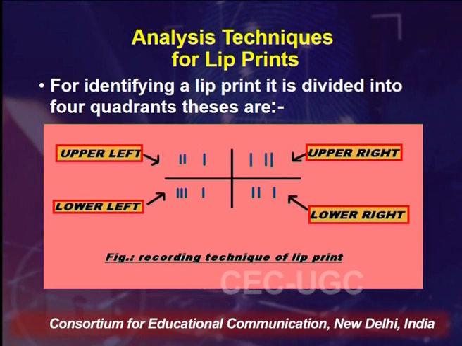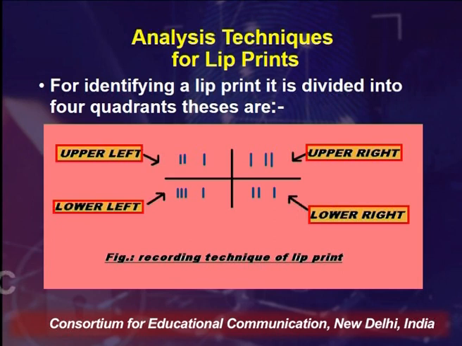Now, after collection of prints from the crime scene, whether it is a latent print or a visible print, the forensic scientist has to analyze this print in the forensic science laboratory. We always divide the print into four parts.